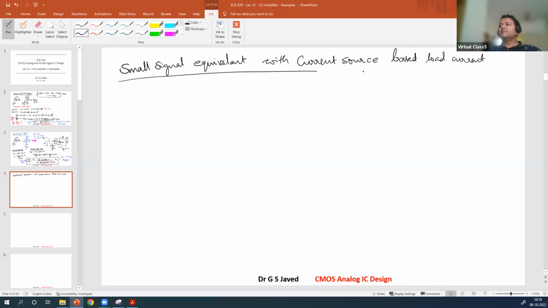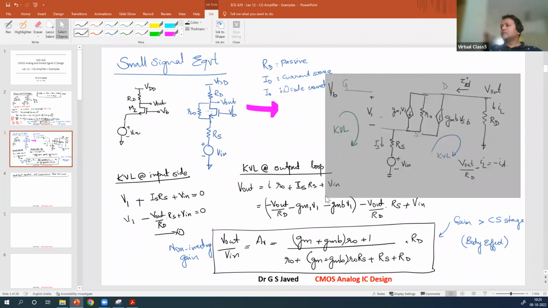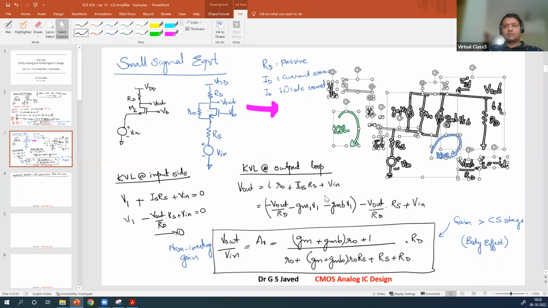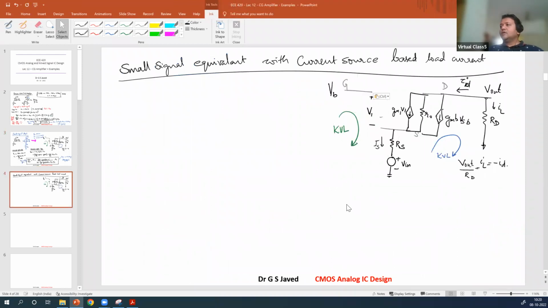So let us see how the small signal equivalent will change with respect to that. When we say RD is a current source, it will go away because it is infinite resistance. Now because that goes away, the impact of R0 is also reduced.